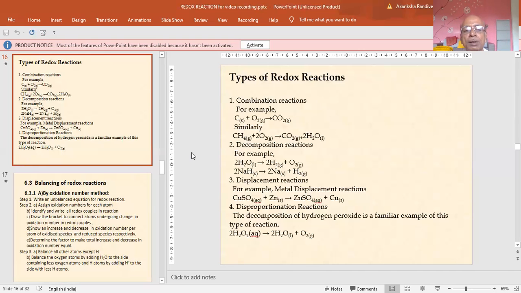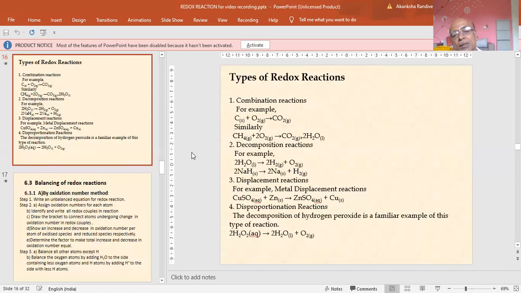Consider the reaction CuSO4 aqueous plus zinc gives zinc sulfate, ZnSO4 aqueous, plus Cu solid. From CuSO4, copper is displaced by zinc, forming zinc sulfate, ZnSO4. Therefore, this is a displacement type of reaction, and it is also a redox reaction.